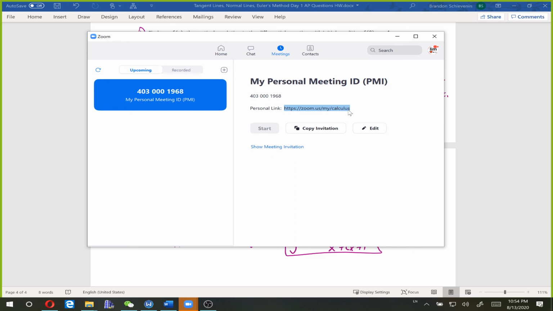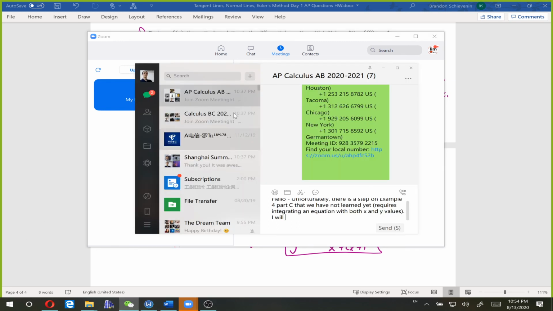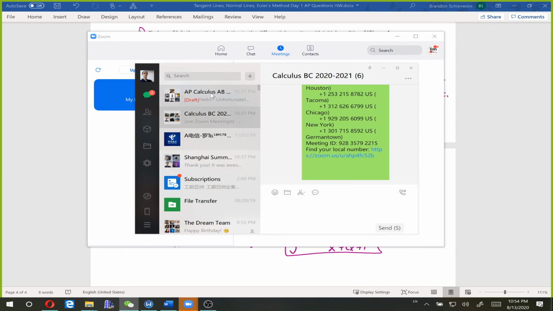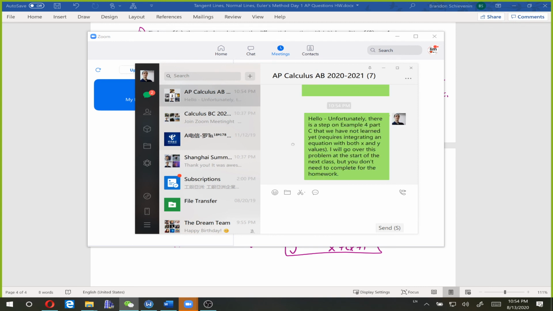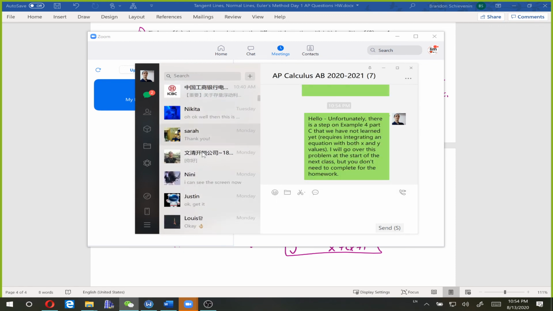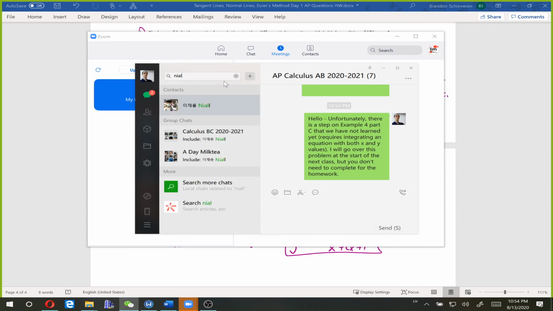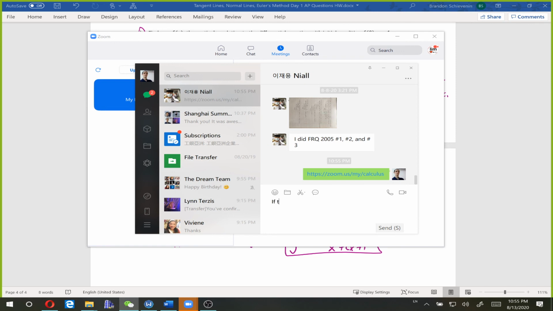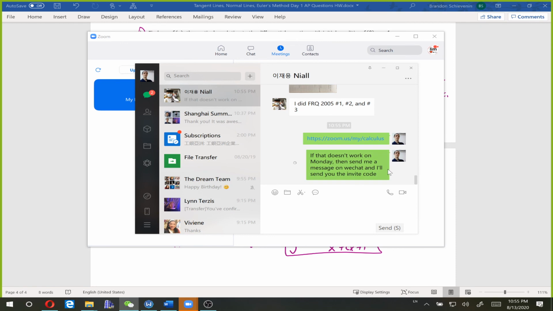So this link here, I believe, works regardless of what I'm doing on Zoom. And we'll try that. Okay, if the code doesn't work for you on Monday, then send me a message on WeChat, and I'll send you the invite.